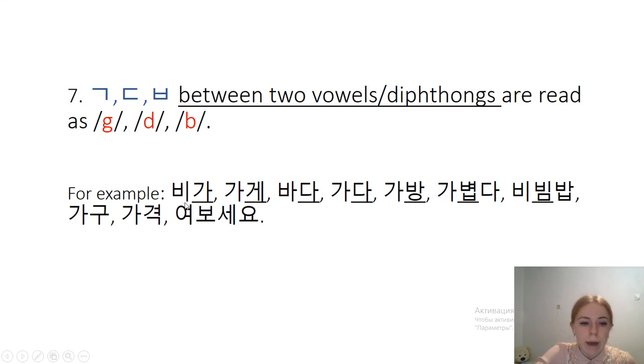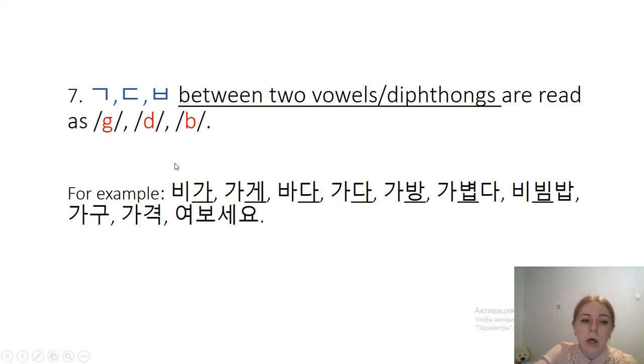It doesn't matter how we pronounce the first letter, because there are no rules for pronouncing these letters at the beginning of the word or at the beginning of the syllable. But there is a rule that between two vowels, or between two diphthongs, or between a vowel and diphthong, we read these letters like g, d, and b.